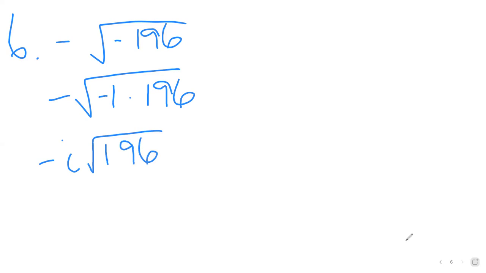Now, I would suggest at this point, trying out some factors. 196 divide maybe 13 or 16 or 17 or 18, 19. Try to get some idea of what the factors of 196 may be.